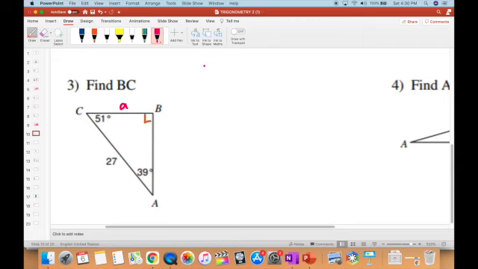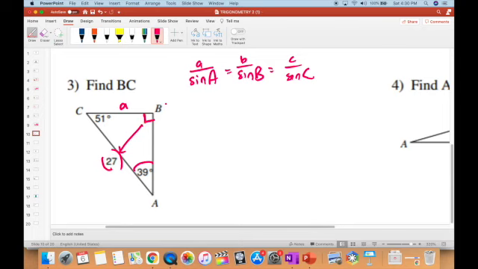Let's try the sine rule. A over sine A is equal to B over sine B is equal to C over sine C. We already worked out that this was 90 degrees here. We see that we have A and we have the angle A, and we have B, which is 90, and we have the side B. So yes, we could use the sine rule here.